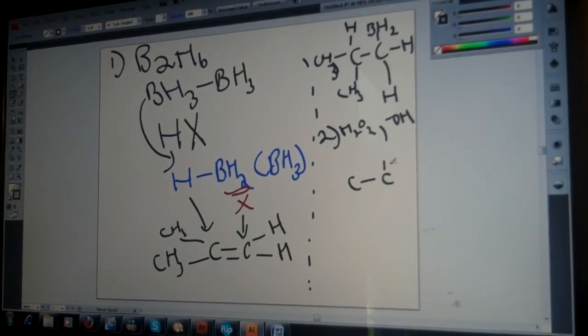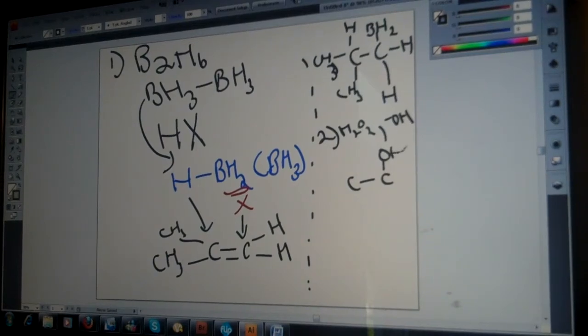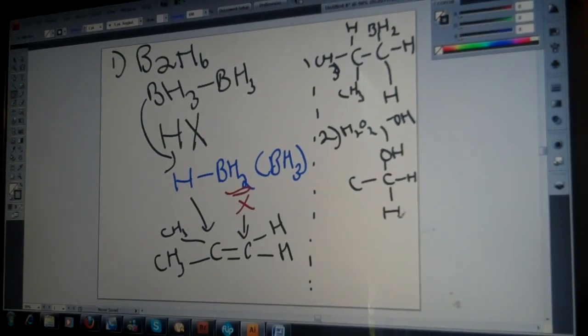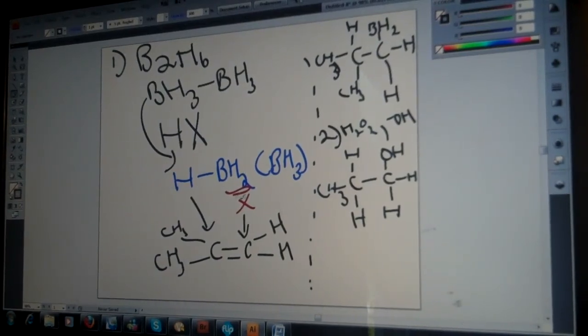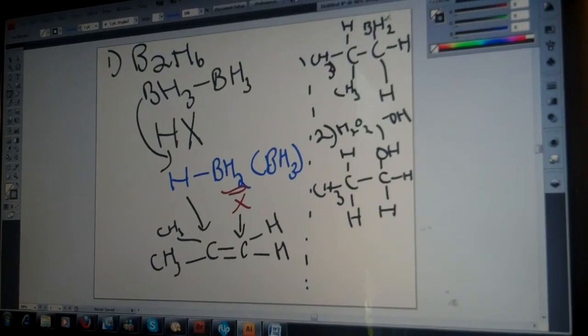So it leaves and the OH is now added where the BH2 existed before, and everything is the same from there. So in this type of question, you're really adding an OH and an H to this alkene. You go from alkene to alcohol, but you have to go through anti-Markovnikov addition by adding an H and a BH2, and then the BH2 acts as the leaving group up here.